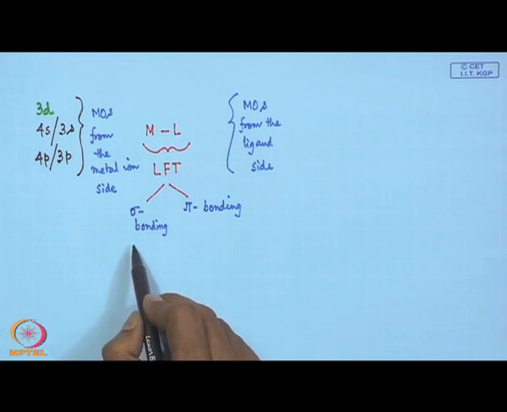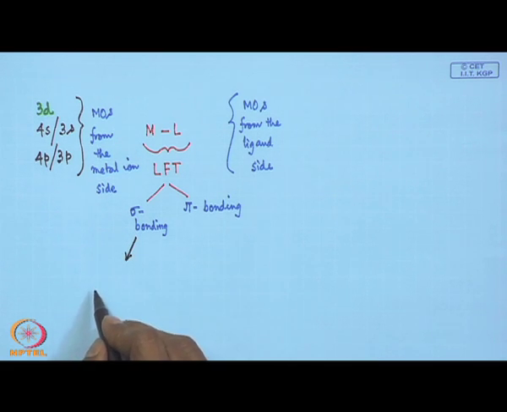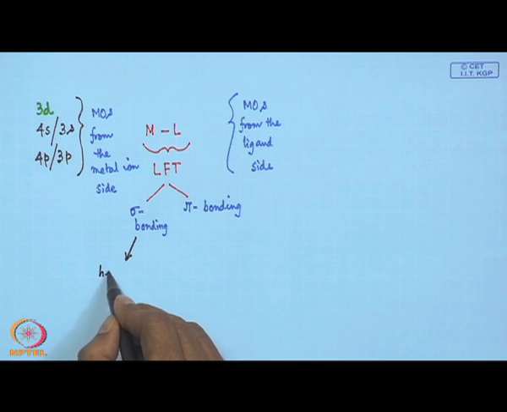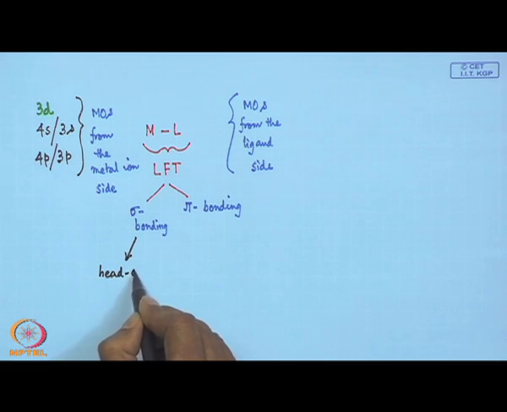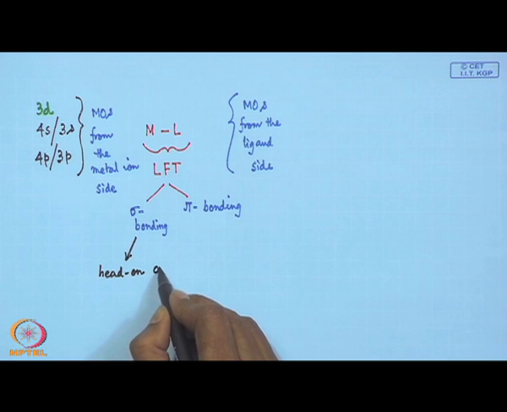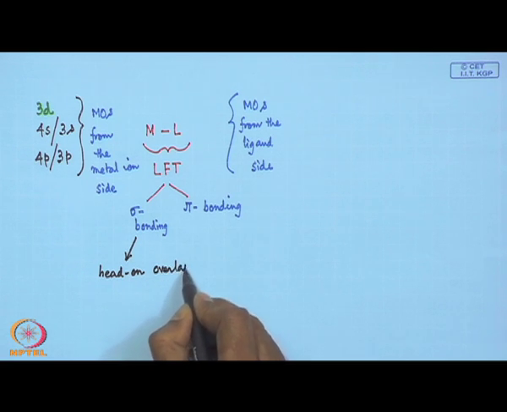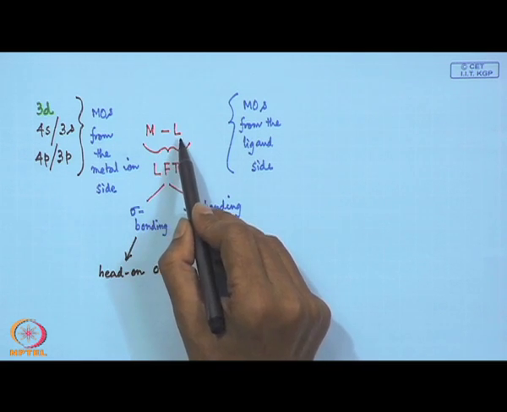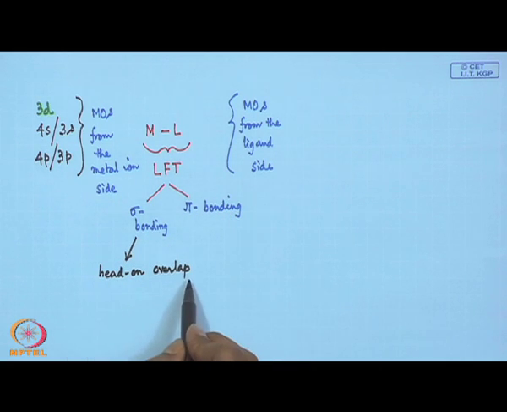So, when we consider the sigma bonding parameter, we must have some head on overlap. So, we should have the corresponding metal-ligand overlap which can be considered as a head on overlap.